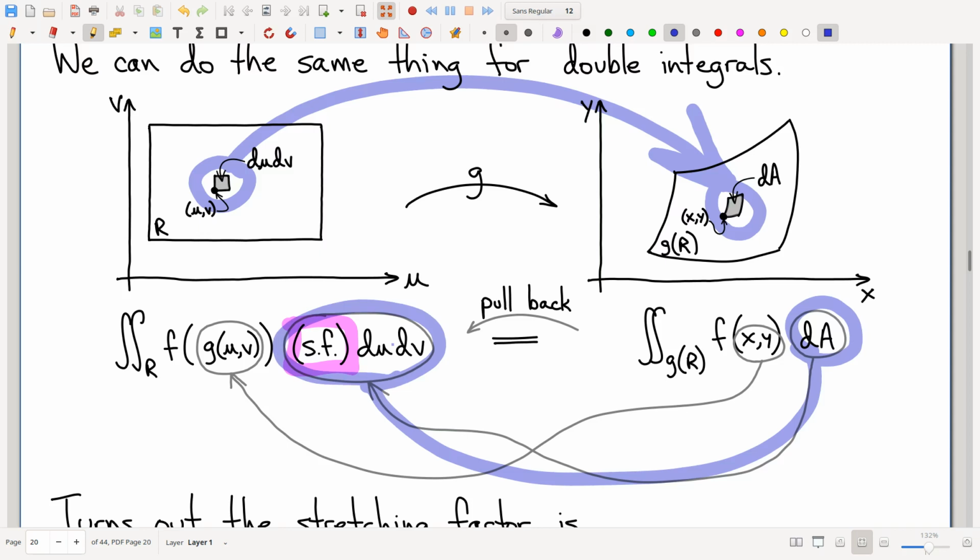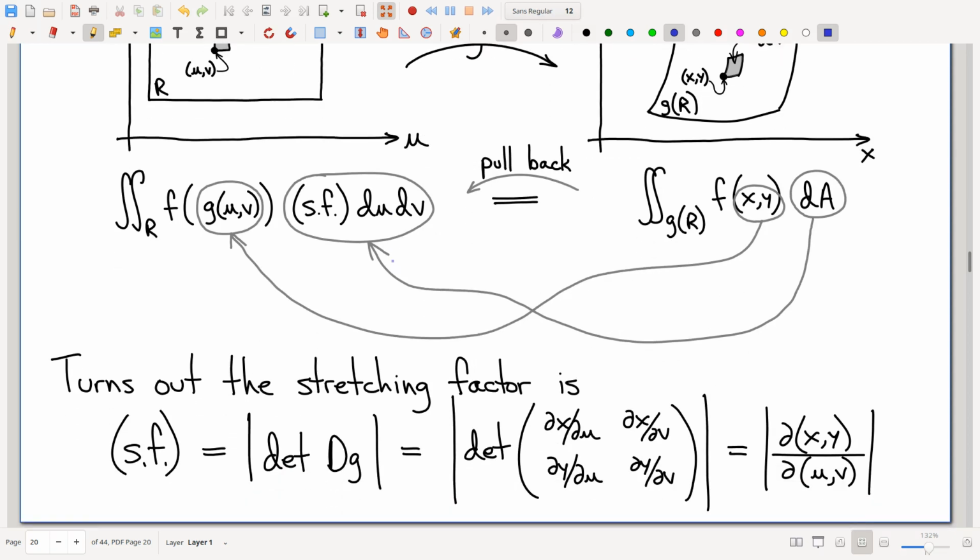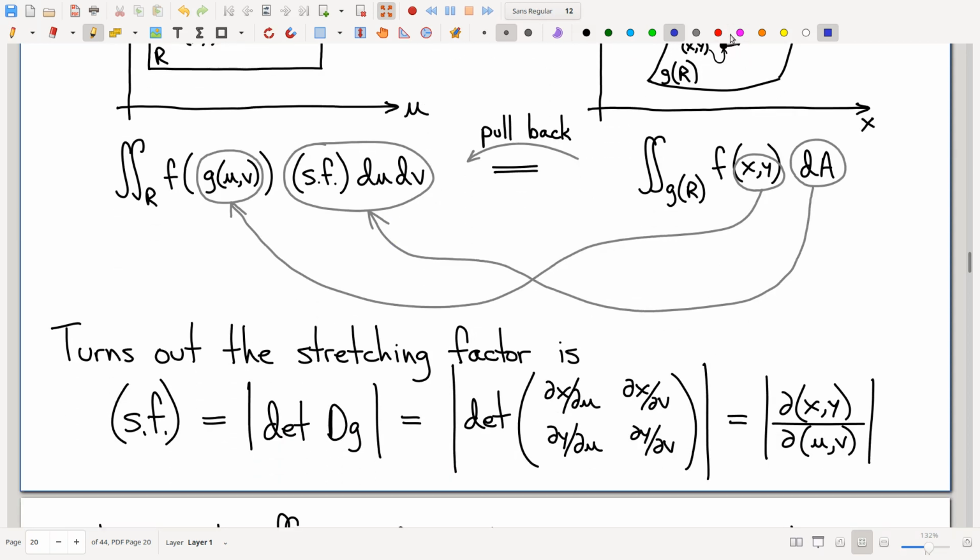Okay, so I think we talked about all this stuff last time. What we do need to work out is, what is that stretching factor, right? Now in previous years I have gone through at this stage of the presentation and actually proved the formula for the stretching factor.